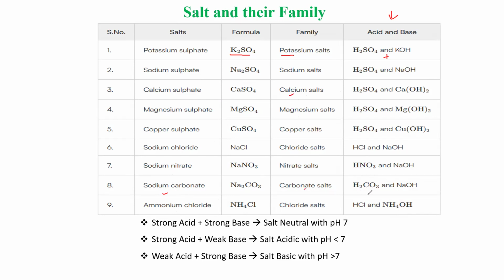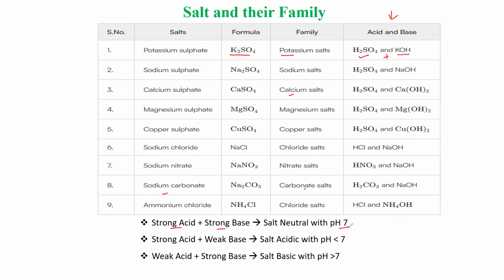So here, whichever dominates, the name is given on that basis. Sometimes the name is given on the basis of the base, sometimes on the basis of acidity. The main concept here is: if a strong acid and a strong base react, they produce a neutral salt.